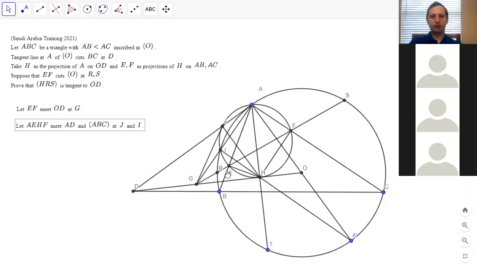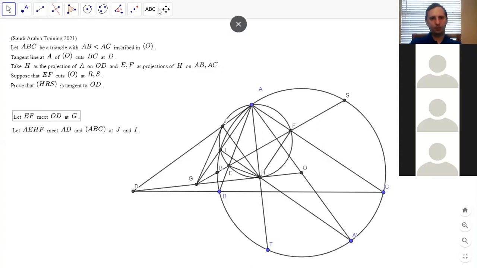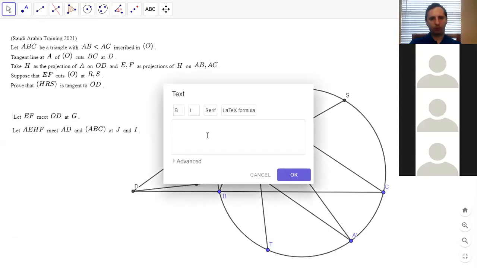And then first, AEHF we wanted to show is harmonic, and that was true because ABTC is harmonic. So we said AT is a symmedian. We start out with that fact: AT is a symmedian of ABC. So that means that ABTC is harmonic.